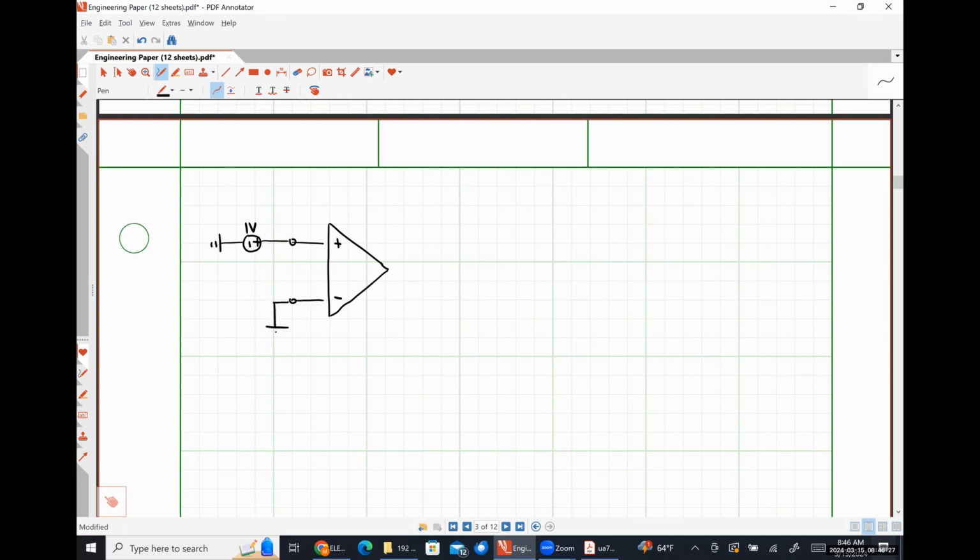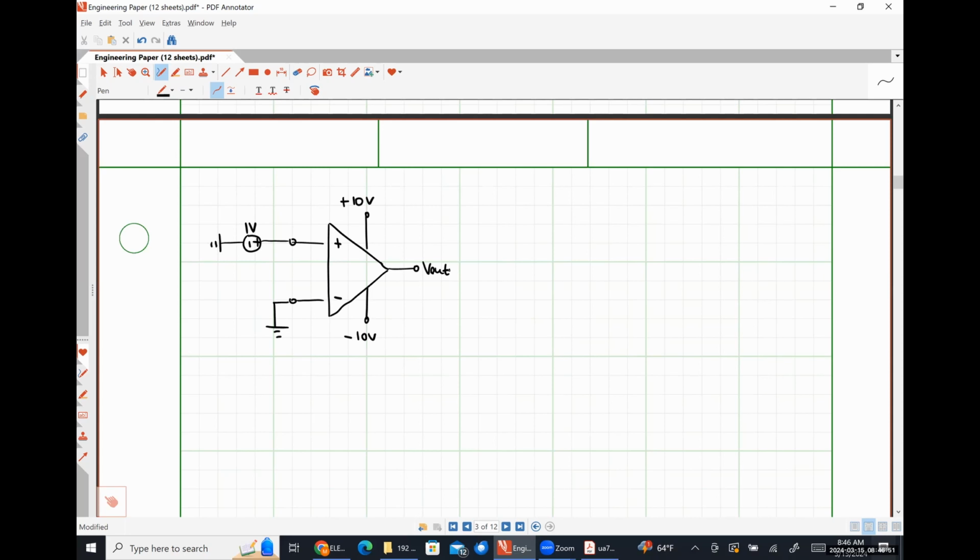I'm going to ground the inverting input terminal. Let's say that my supply voltages are positive 10 volts and negative 10 volts. And I simply want to figure out what my output voltage is with respect to ground.